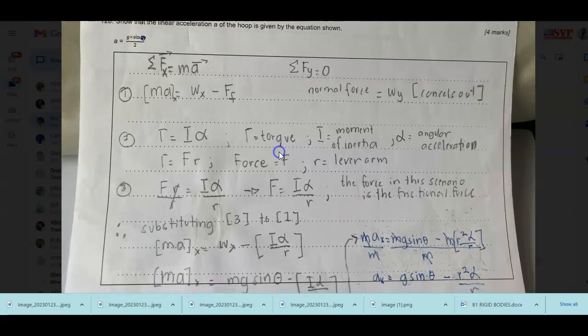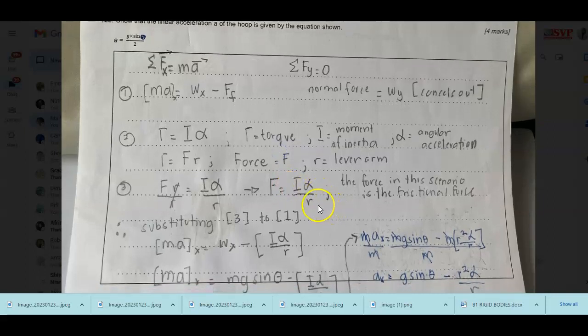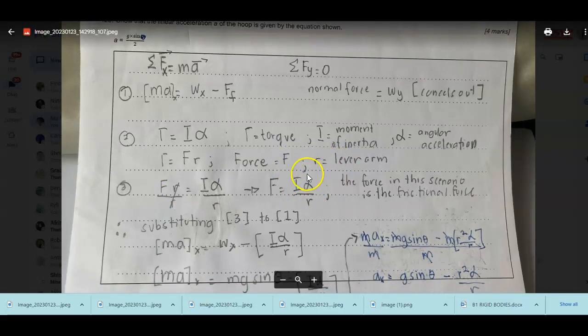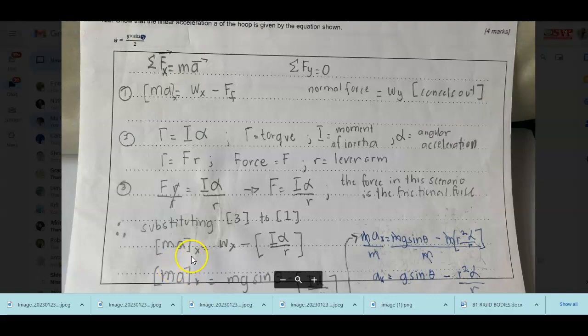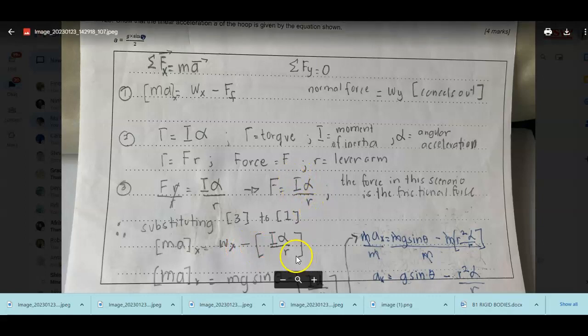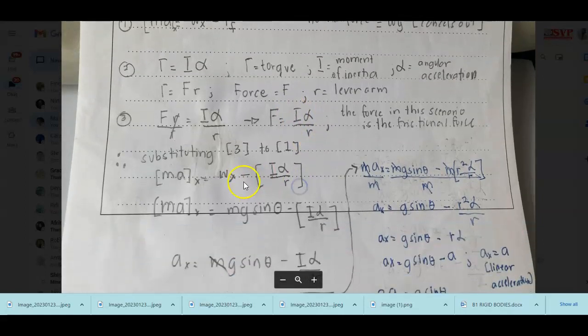Since we have F is equal to I alpha over r, we can substitute equation number 3 into equation number 1. This gives us m a x is equal to the weight on the x component minus I alpha over r. Substituting the x component, this is mg sine theta minus I alpha over r.